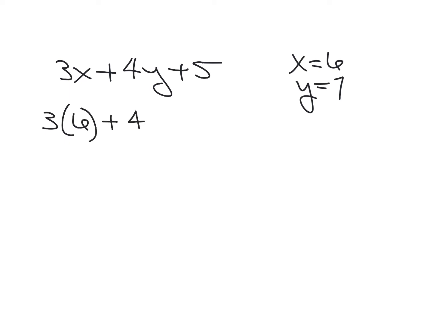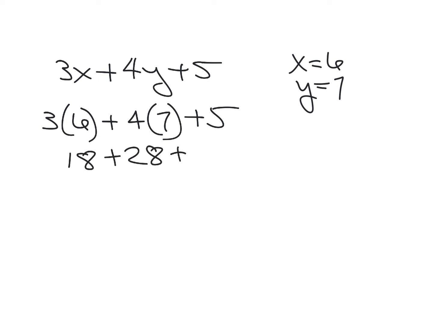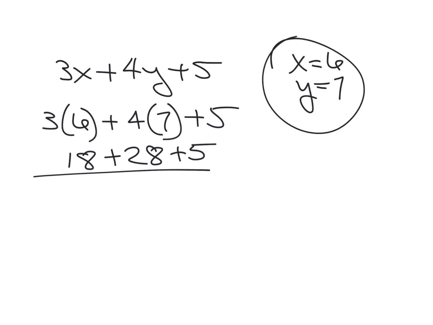And then 4 times y, or since y equals 7, I'm going to put that in there, plus 5. Now I can use my PEMDAS from left to right. 18 plus 28 plus 5. Then you add those 3 up, and you end up getting 51. So that is what happens when you are finding the value of an algebraic expression, when they tell you, which they have to, what x equals and what y is equal to.